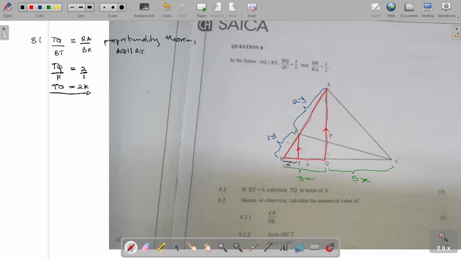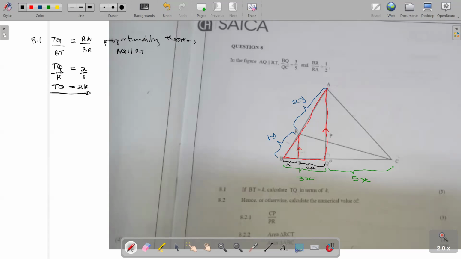TQ is equal to 2K. So if we check, this part is equal to 2K. But if we add BQ, that ratio is now the actual distance. It means it's now 3K.